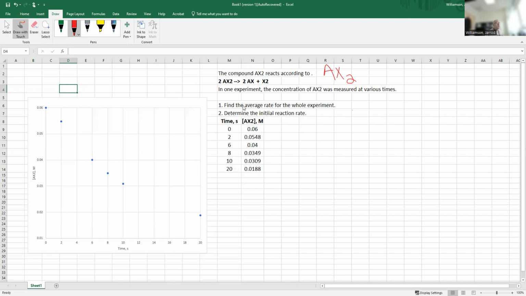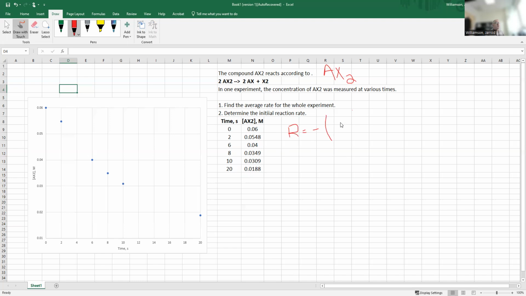So to find the average rate for the whole experiment, I can just go: the rate of the reaction will be equal to minus delta AX2 over delta time over the whole experiment.